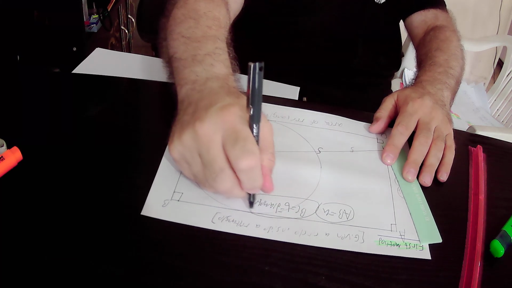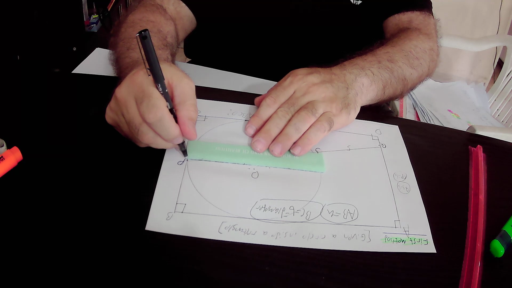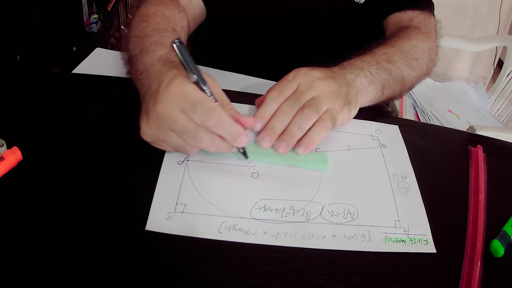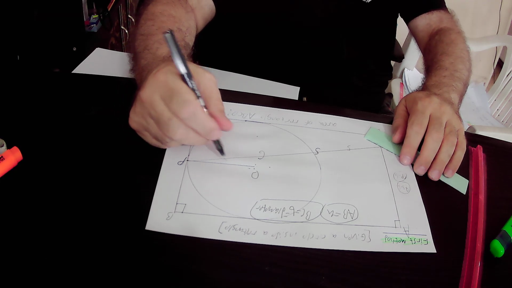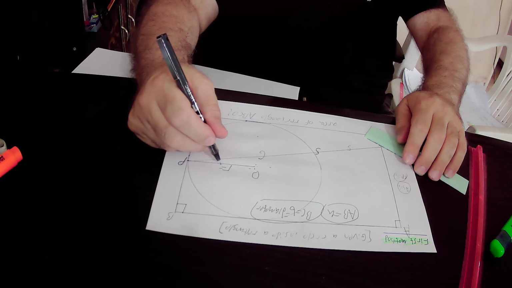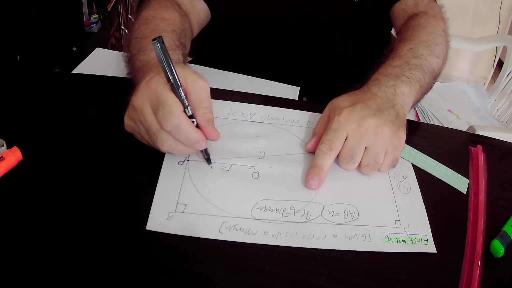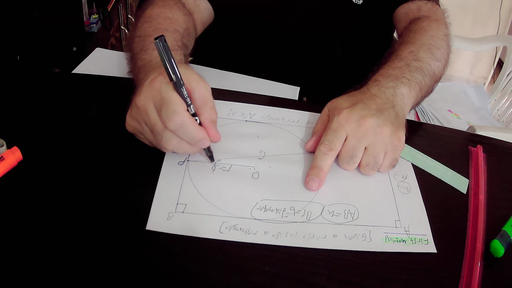So we join points O and P together by a straight line. Point O is the center of the circle, point P is a point on the circle itself, therefore OP is the radius of the circle that we define as R. If the diameter of the circle equals B, it means that the radius must be equal to half of it, that is to say R equals B over 2.